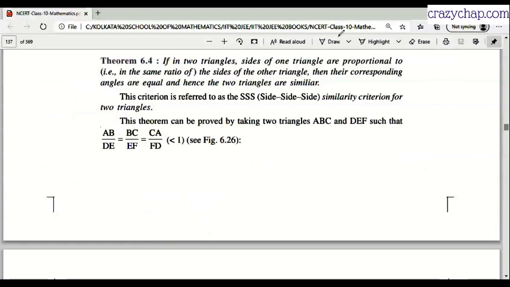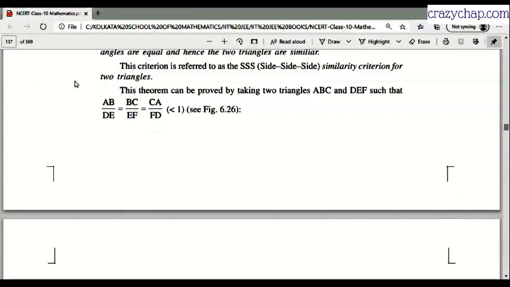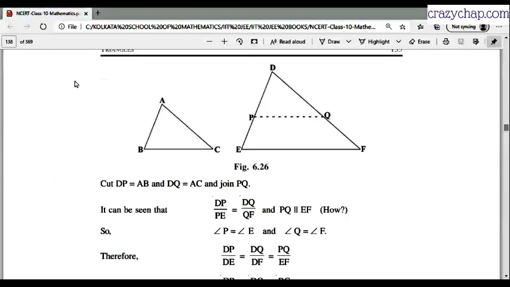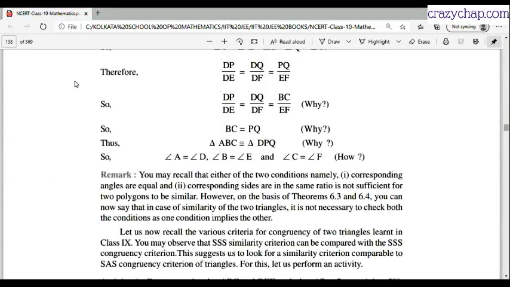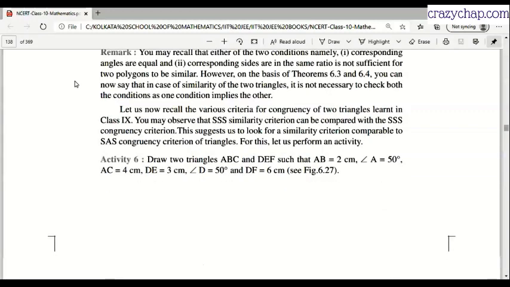And then we have a third proportionality rule. What you asked, Akib, we can prove that in the next session.